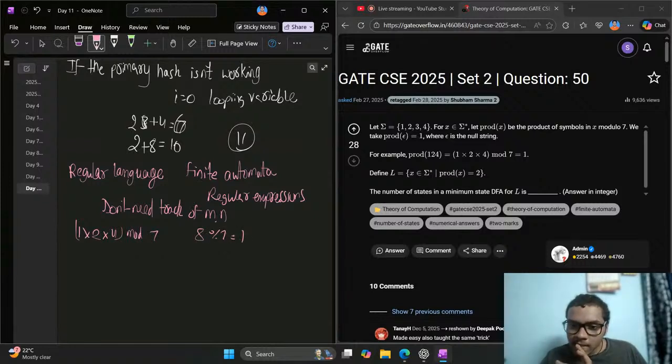Define language. So product function will always return 2.